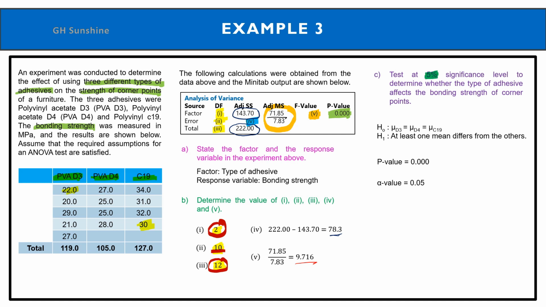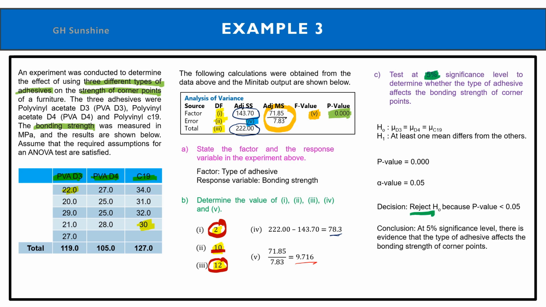So 5%, 0.05. So what is the decision? Reject H0. Why? Because P value less than alpha. So as a conclusion, at 5% significance level, there is evidence that the type of adhesive affects the bonding strength of corner points.